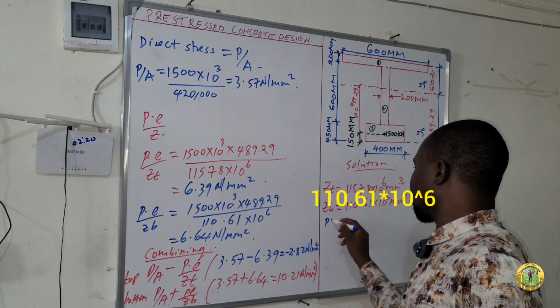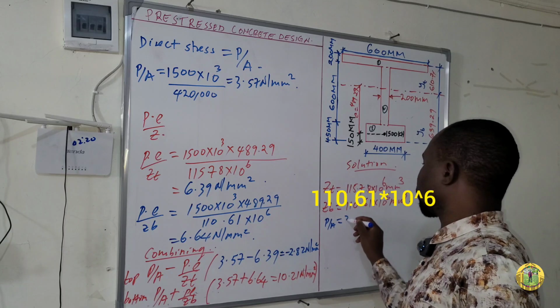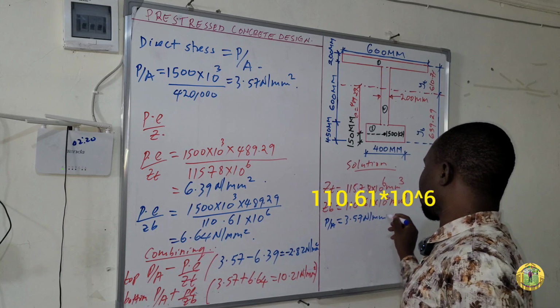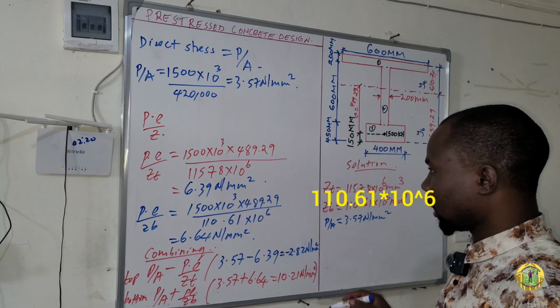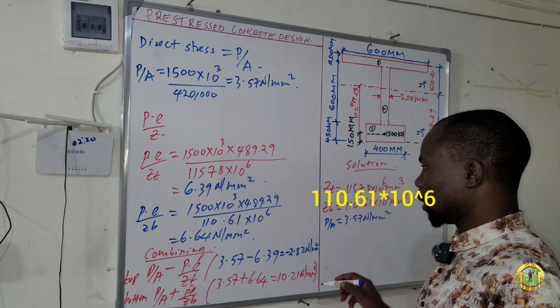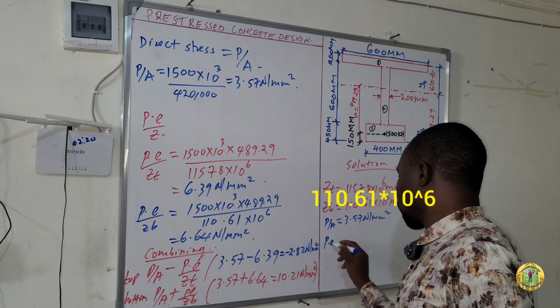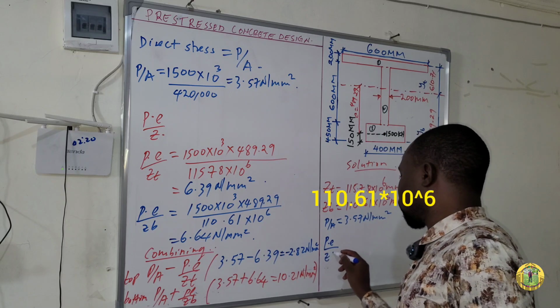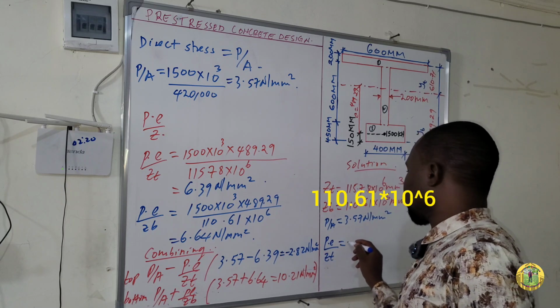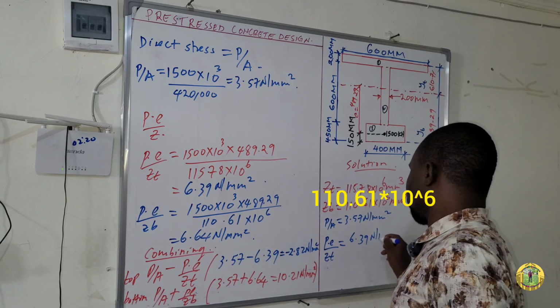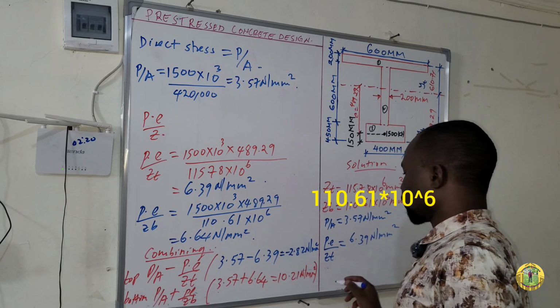P over A is equal to 3.57 Newton per millimeter square, and then PE over Z top is equal to 6.39 Newton per millimeter square.